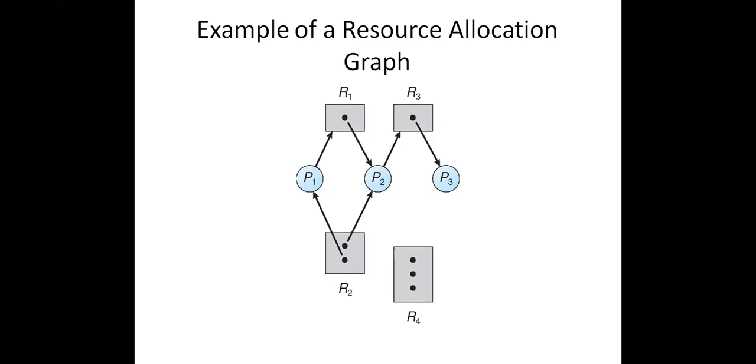So here, if you observe, follow the cursor. P1 is requesting R1. R1 is allocated to P2.